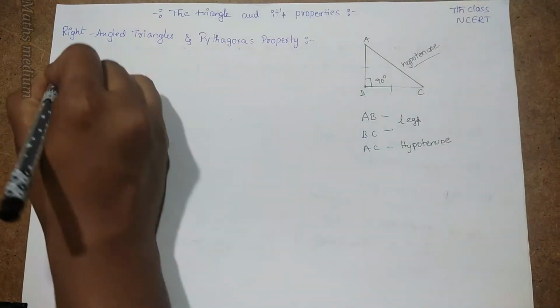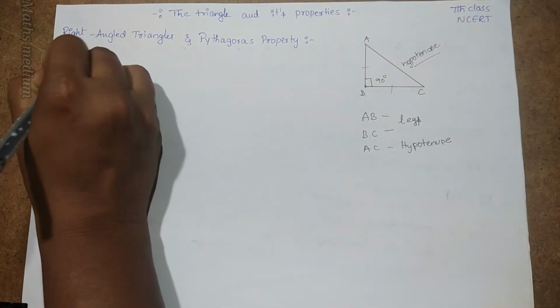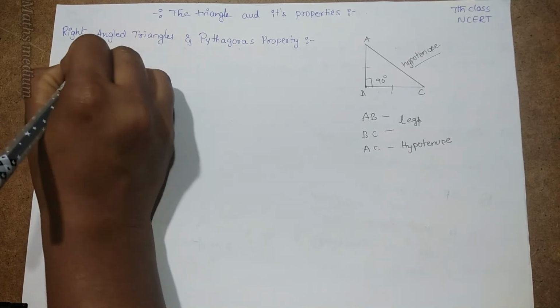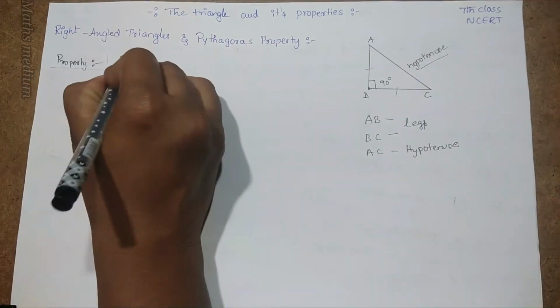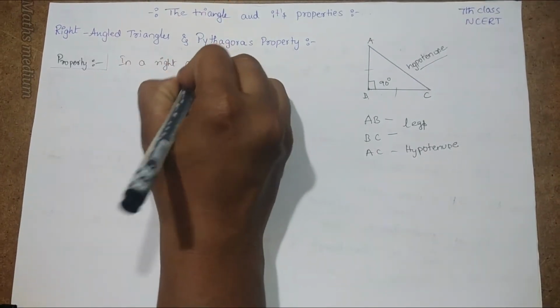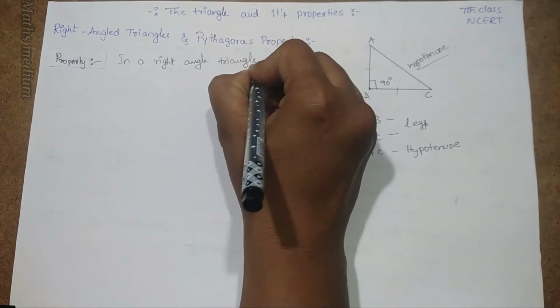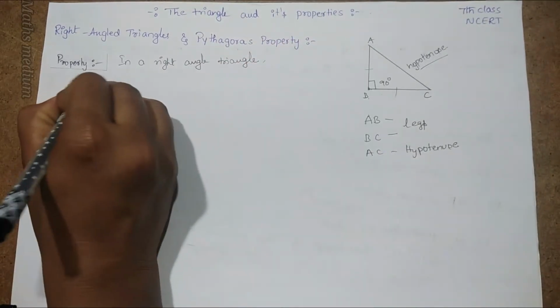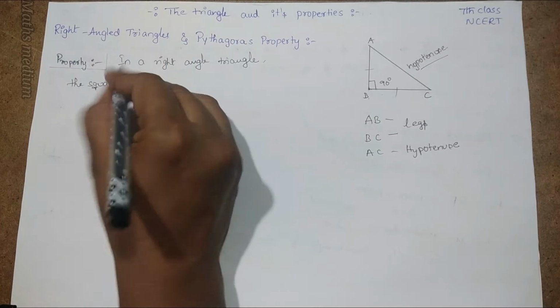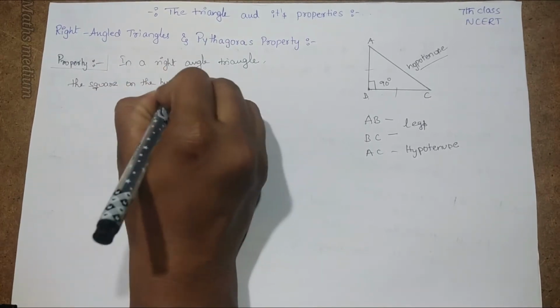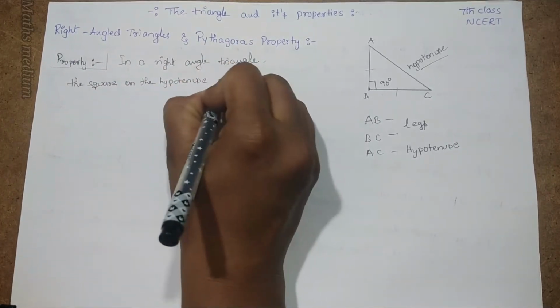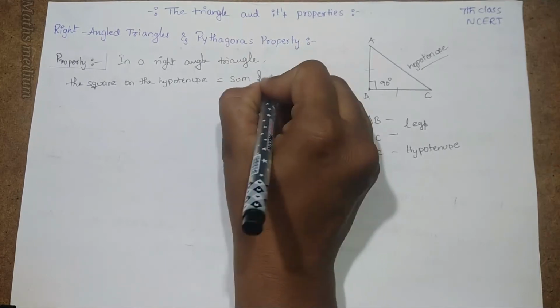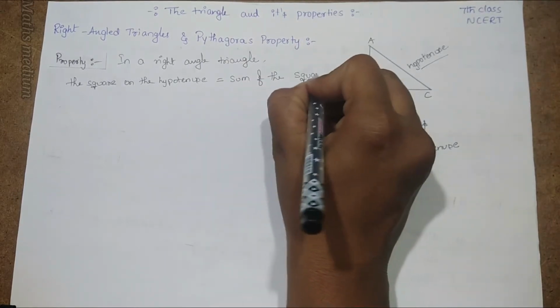Now, coming to the property of a right angle triangle. In a right angle triangle, the square on the hypotenuse is equal to the sum of the squares on the legs.